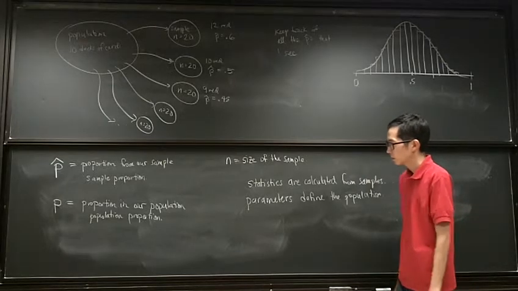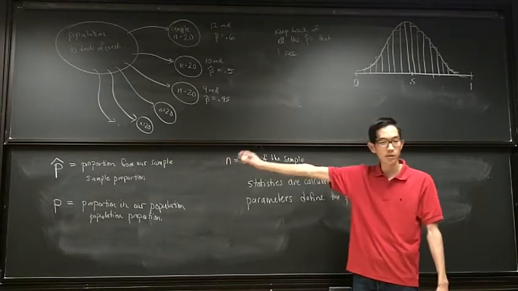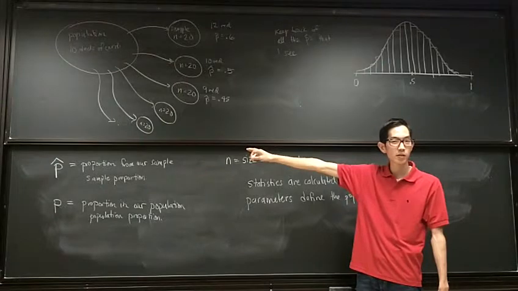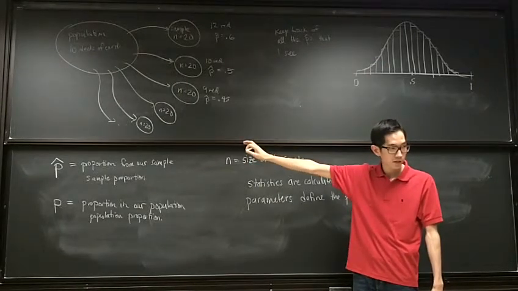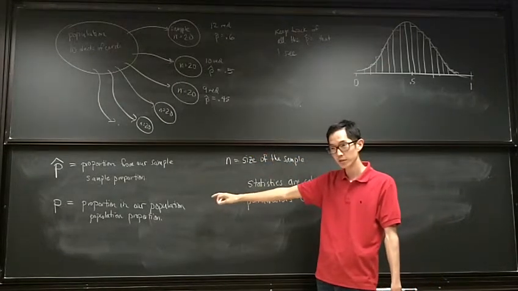Okay, so p hat, is that a statistic or a parameter? Statistic. And p is a parameter.